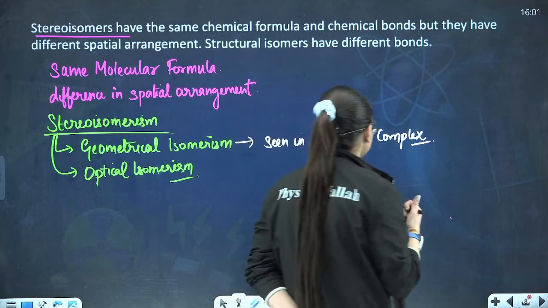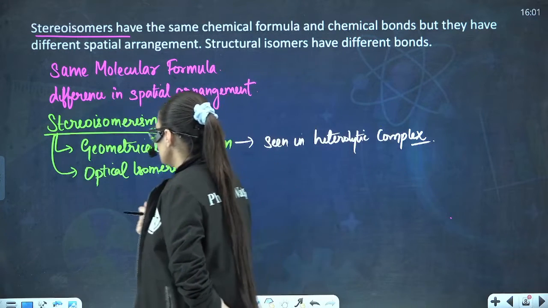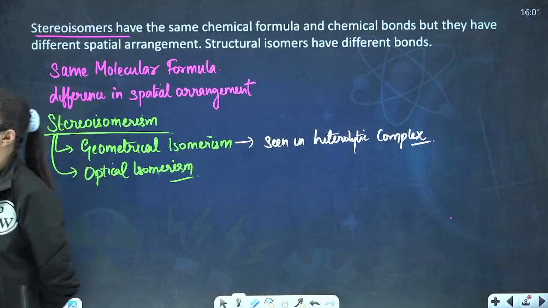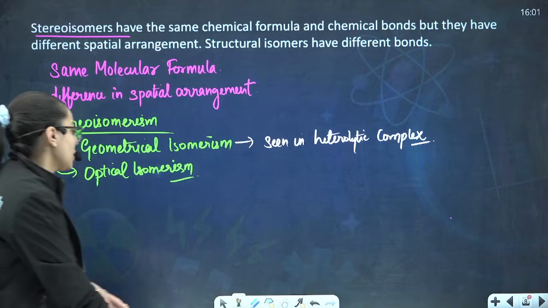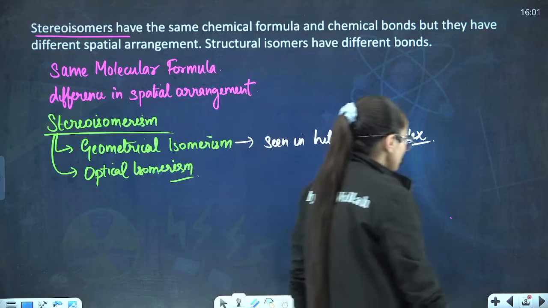Okay students, now we shall take certain cases in which we can tell about geometrical isomers. Let us talk about coordination number 4 now.